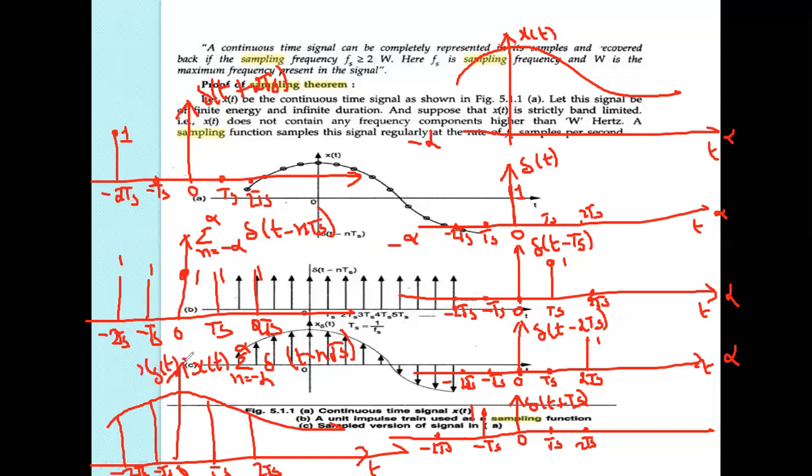You see this diagram shown here. If the negative is there, the sampling is also in the negative values only. Why it is negative means the x of t is negative, not the samples here. X of t is negative means 1 into that negative value, you get the negative term. X delta of t is equal to x of t into the sum of n equal to minus infinity to infinity of delta of t minus n times ts.